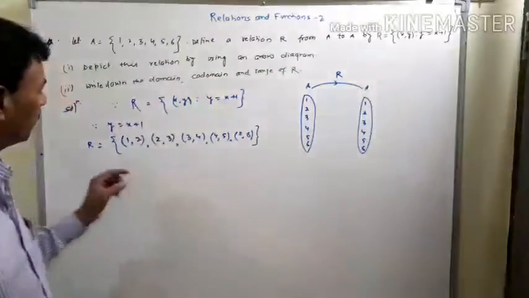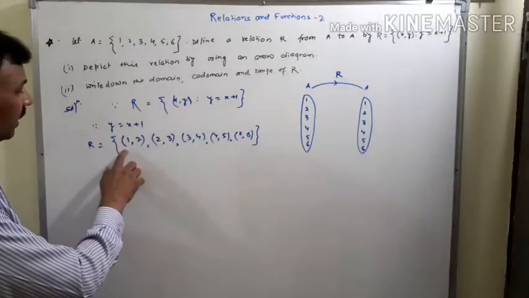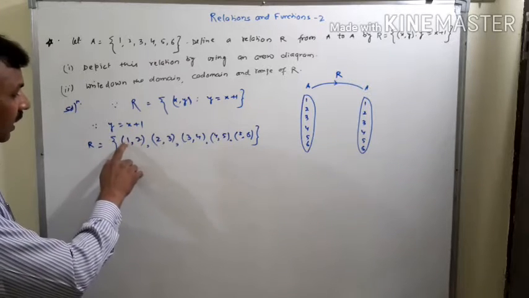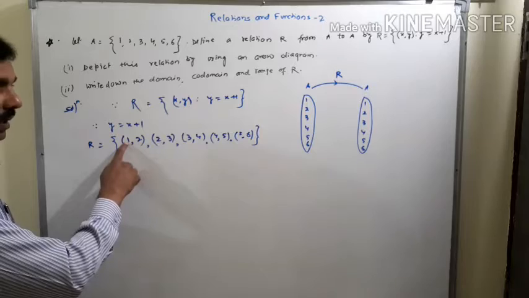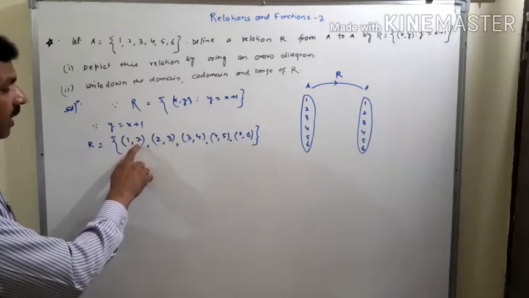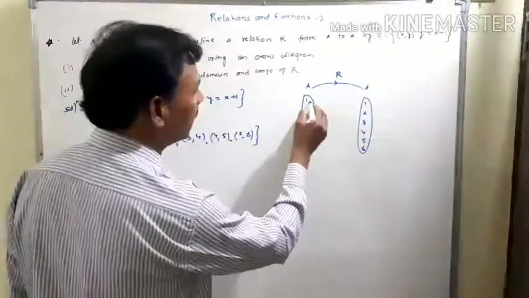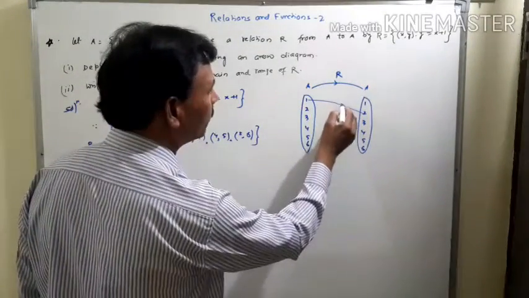As you see here, element 1 is related to element 2.